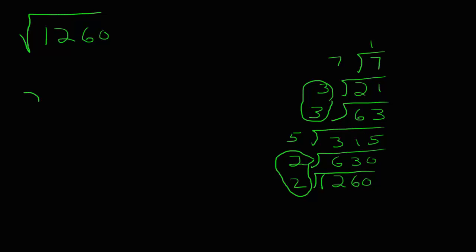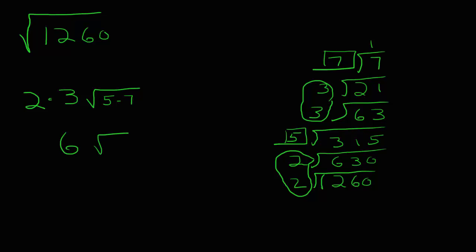So I have 2 times 3 outside the radical. And inside the radical, I have the two numbers that did not pair up, the 5 and the 7. So 5 times 7 stays underneath the radical. So that gets us 6 times the square root of 35.